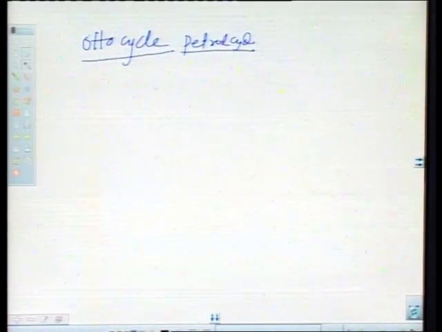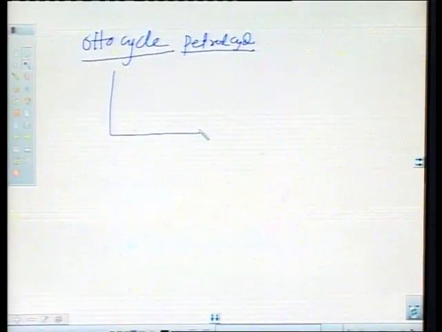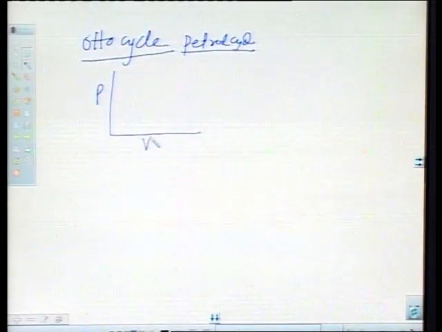Now, I will show it on the PV diagram. Take pressure on one side, volume on the other side.